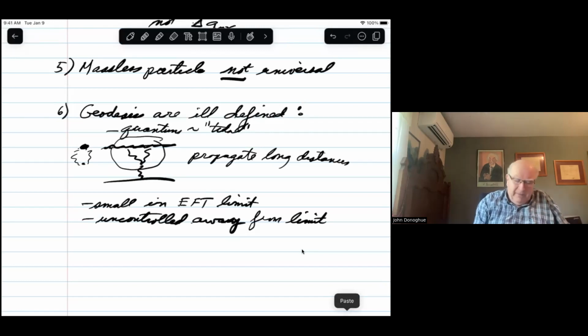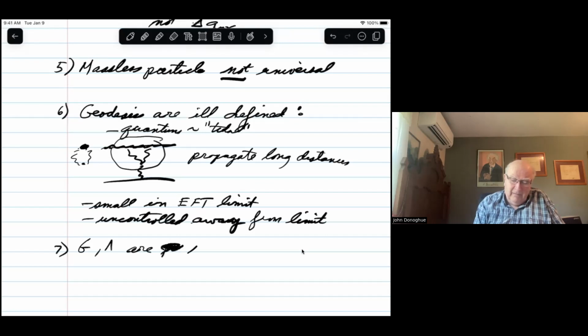Okay. The last lesson I just want to do is G and lambda. I've already done this: G and lambda are not running parameters, but I always like to put it here just so we've collected it.